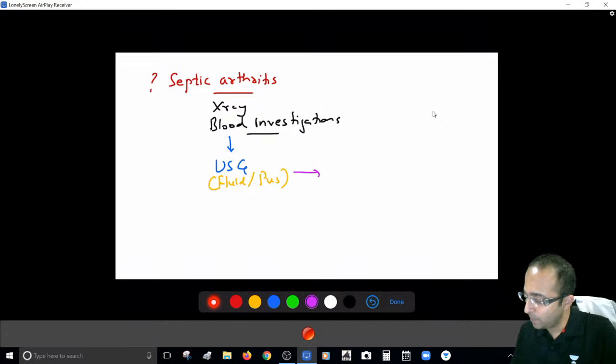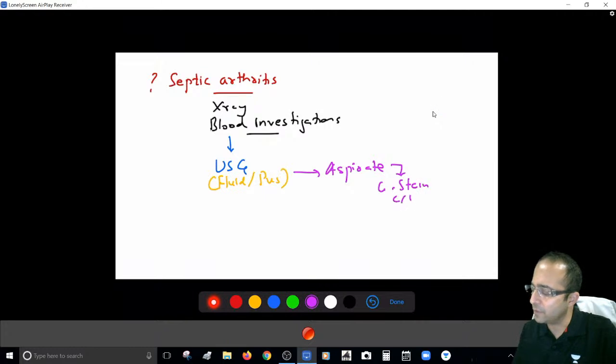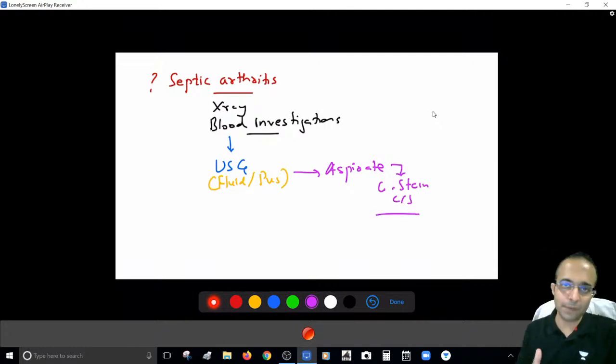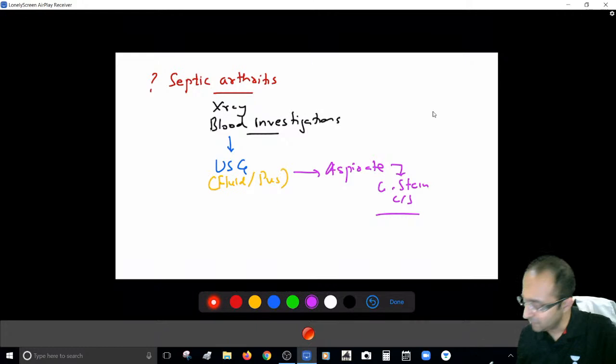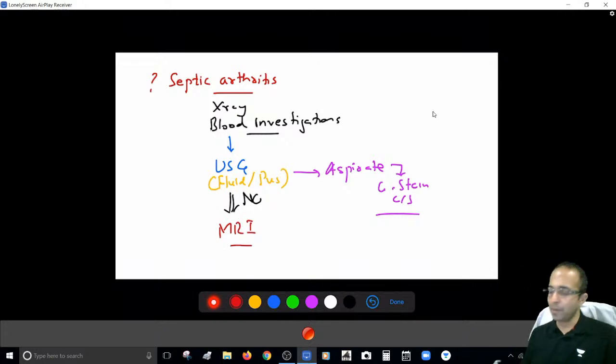You find there is pus, you aspirate the pus under ultrasound guidance and get that gram stain, culture sensitivity, and if it is positive, you drain the pus. But yes, when you find no fluid on ultrasound, this is where you keep the space for MRI. MRI is never done before ultrasound when infection is suspected. Okay.